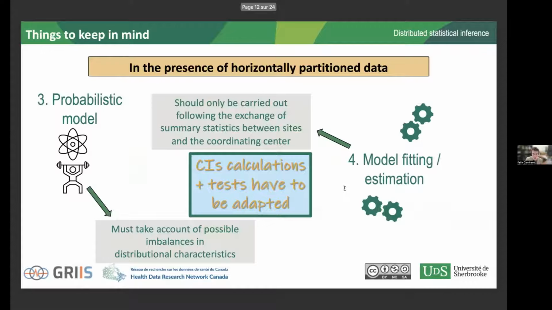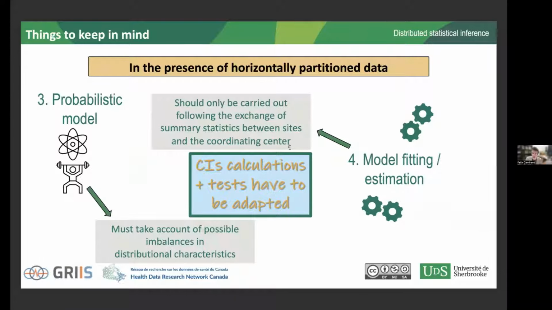Okay. So this is a slide that basically writes down what I've just said. In the presence of horizontally partitioned data, you need to modify a bit your probabilistic model to take into account the fact that the distribution of your predictors across nodes might be different.